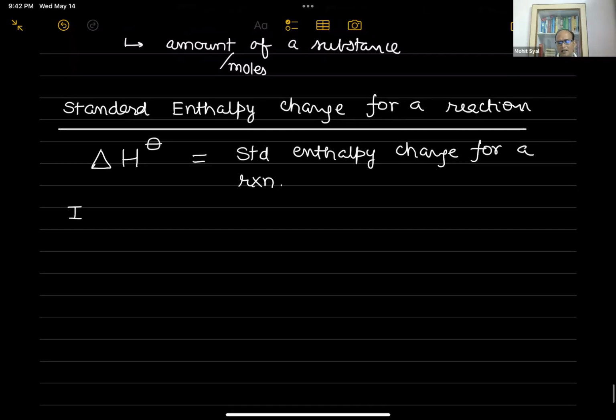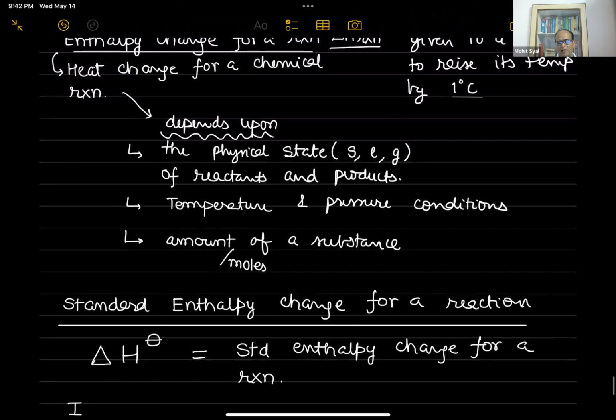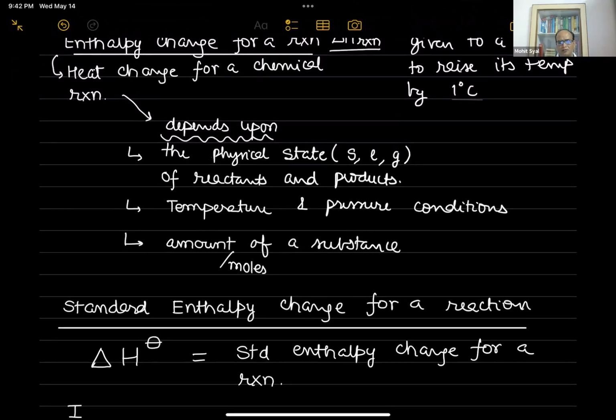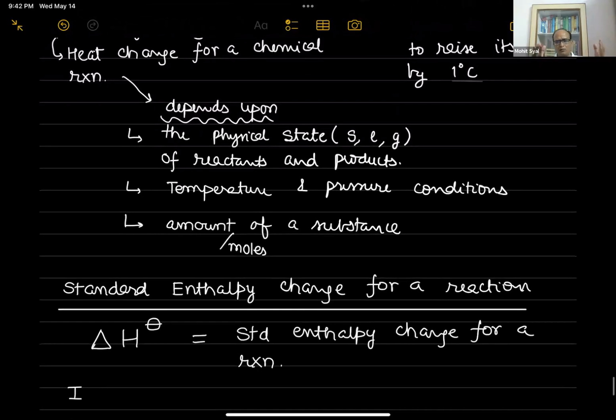Because enthalpy change can have different values at different temperature and different pressure, suppose all of us do the same experiment. For example, Nabila, Aisha, Ma, and myself, all four of us do the same experiment, but all four of us have taken different temperatures.